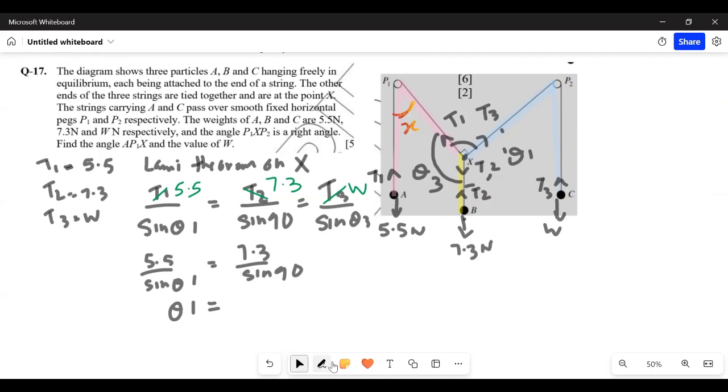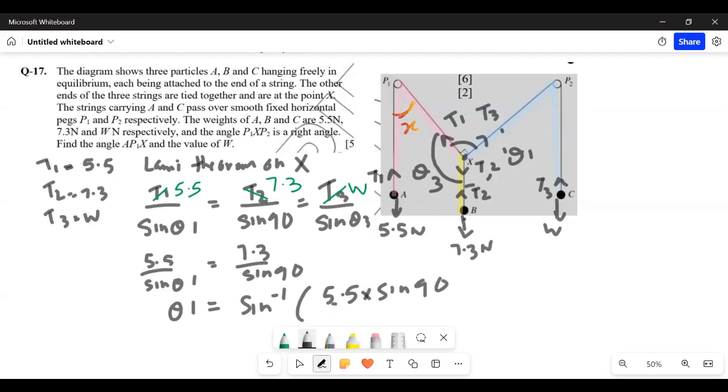You have to do 5.5 into sine 90 over 7.3 और उसका sine inverse. Sine inverse of 5.5 into sine 90 over 7.3.